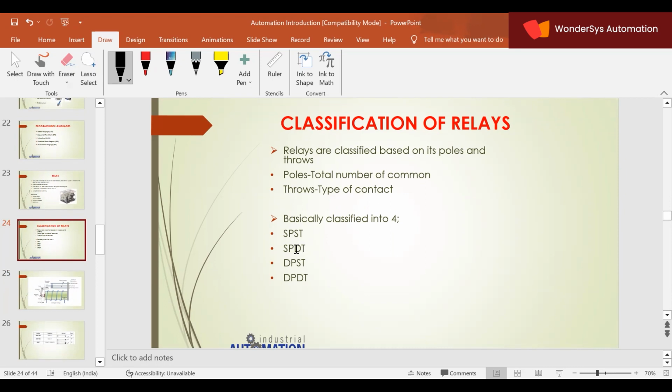If we have a single pole and a double throw, it is SPDT, then DPST, DPDT. This is double pole single throw, double pole double throw. These are four different combinations in which relays are classified. The most commonly used is double pole, double throw.